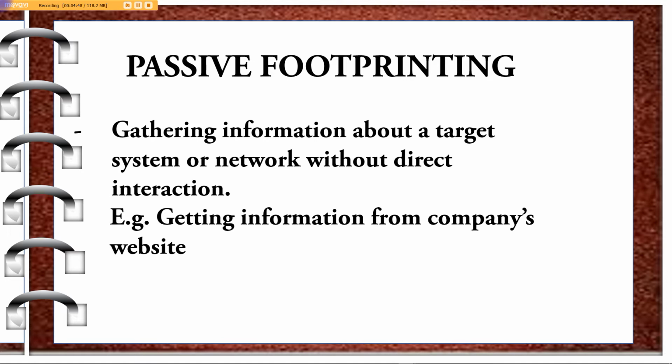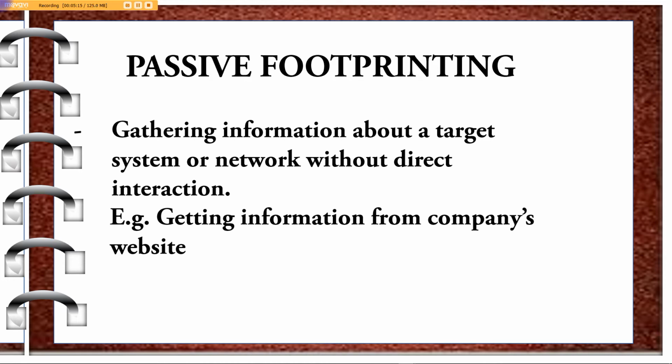Just going to, for example, an organization's website and getting the information that you want is what we call passive footprinting, because you are not directly attacking the organization to fetch information. Most times it's not offensive.